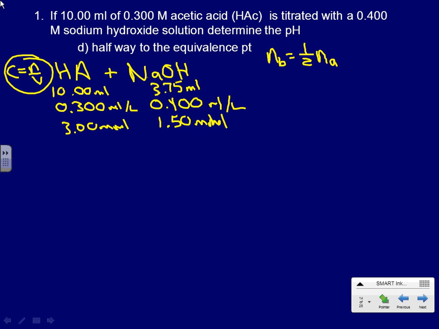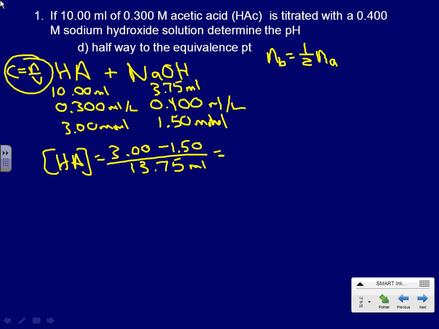And if I continue with my analysis, my HA is going to be 3.00 millimoles minus the 1.50 millimoles over 13.75 milliliters, which you'll notice is 1.50 millimoles over 13.75 milliliters, and that is equal to 0.11 moles per liter.